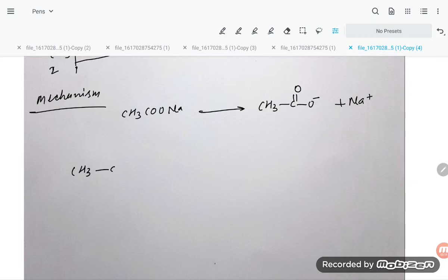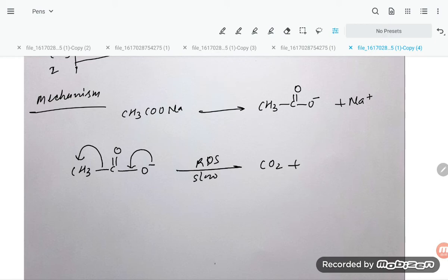Here is CH3 C double bond O, and here O negative charge is there. This negative charge is going to shift here, and this is the RDS step, the rate determining step, and this is the slow step. So carbon dioxide is formed, and CH3 minus will form, along with CO2.